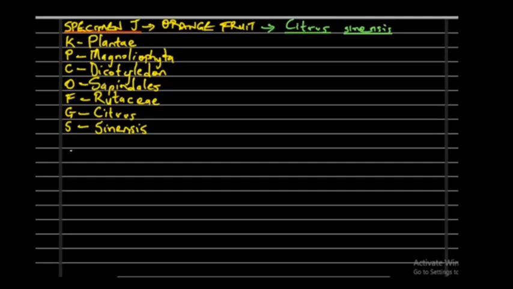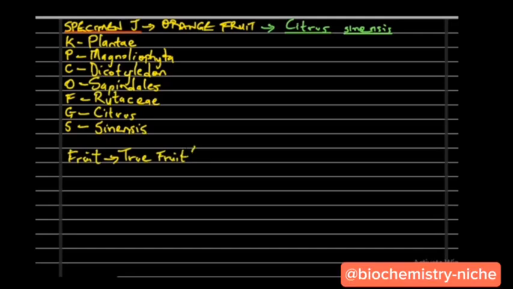It is a fruit, and the type of fruit, we refer to it as a true fruit. When we say true fruit, it is because it is from the ovary. And then it is a simple monocarpous fruit.